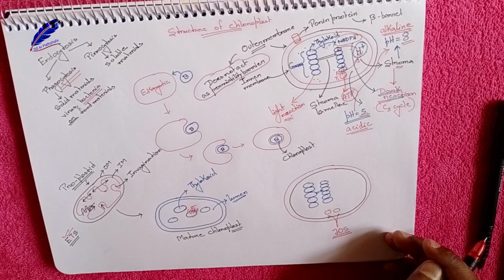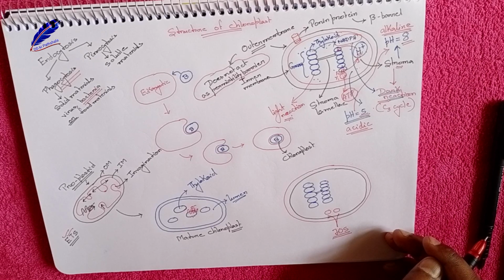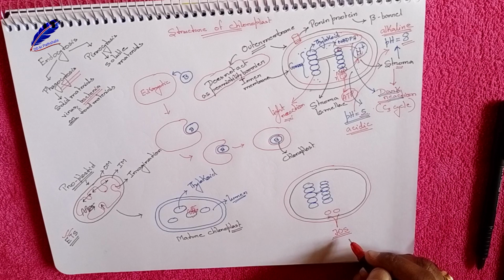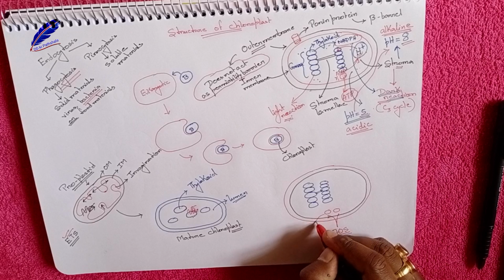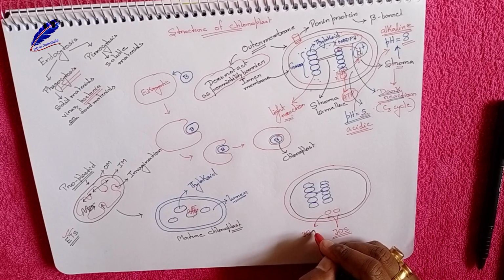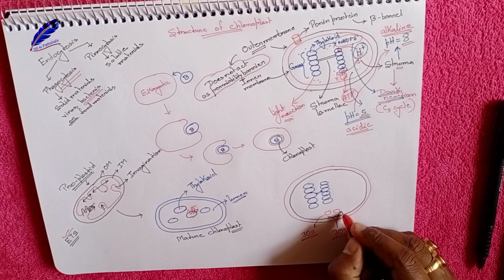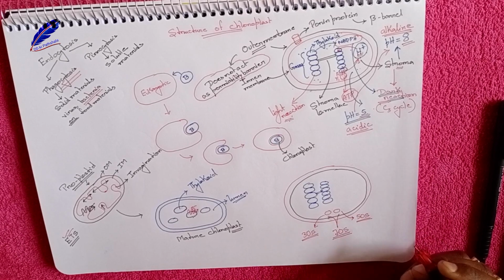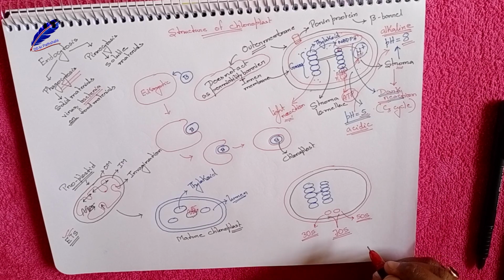We know the ribosome has two subunits, a smaller subunit and a larger subunit, and the summation of these two subunits will be of 70S type. The smaller subunit will be 30S and the larger subunit will be 50S, and the summation of which is 70S. So it is prokaryotic in nature.